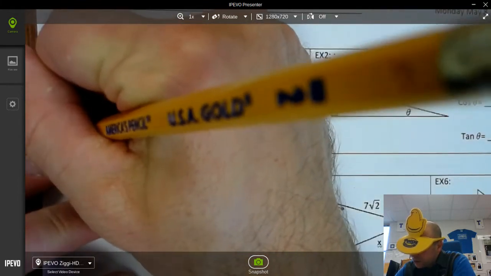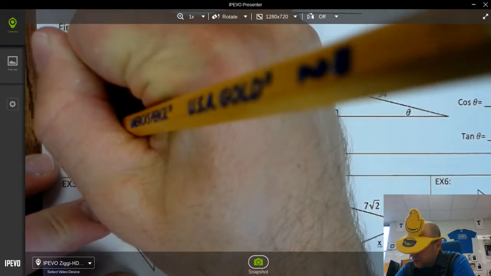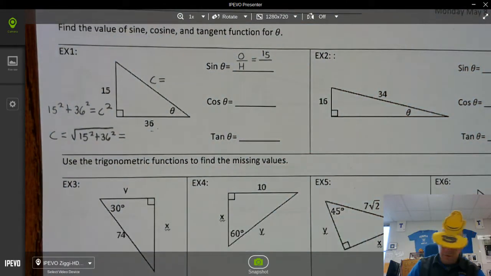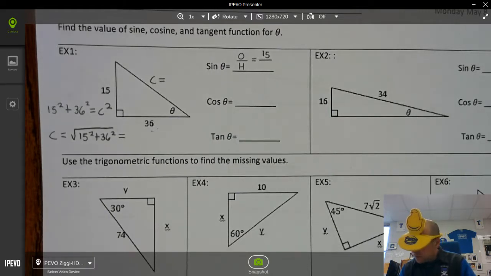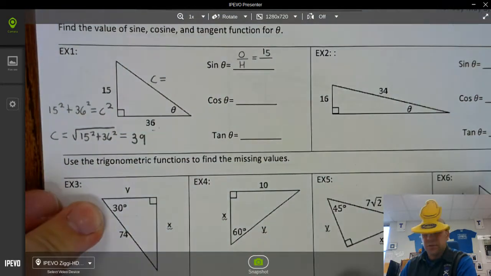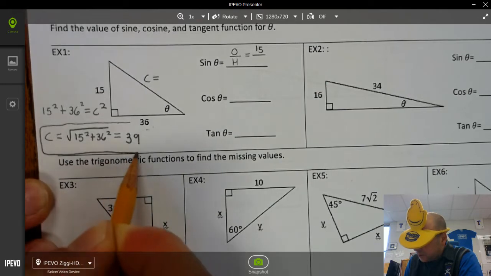C equals the square root of 15 squared plus 36 squared, which equals, let me see. Oh, wait, there's calculators back here. So let's type that in and find out what that is. So the square root of 15 squared plus 36 squared is 39. Okay, so c is 39.